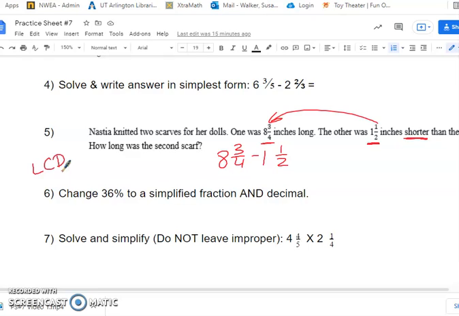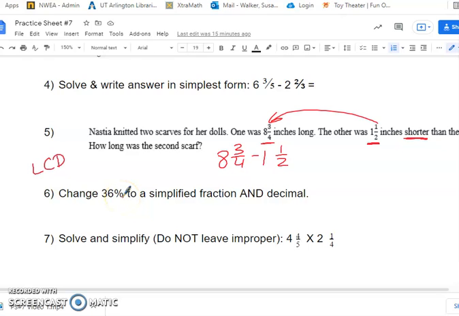Okay? So number 6, I've had a few of you struggling with this, but as soon as I start talking to you, you get it. So this says change 36% to a simplified fraction and decimal. So first of all, in order to do this, you have to know what percent means. Percent means we are comparing a number to 100.